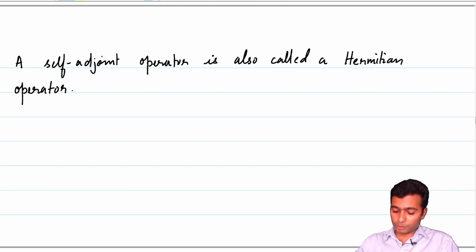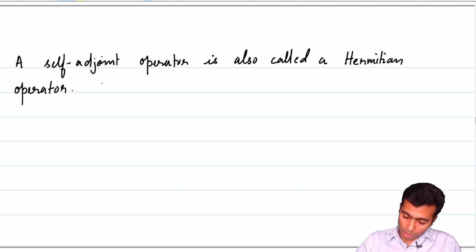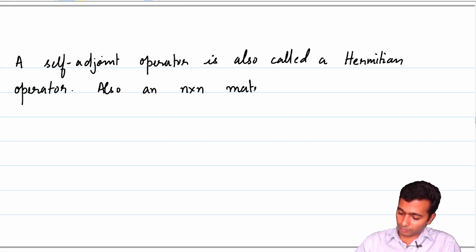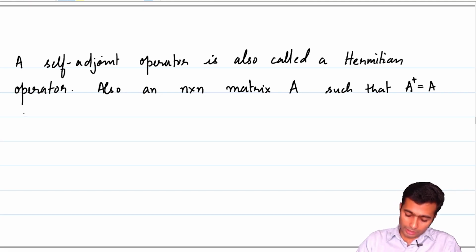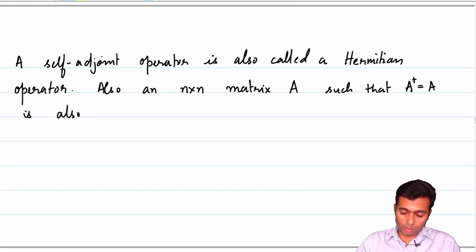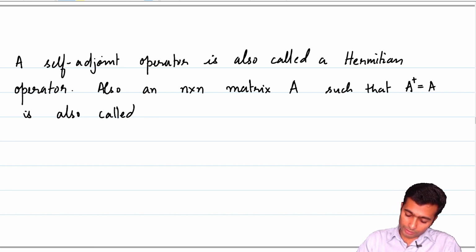A matrix which is equal to its adjoint is called a Hermitian matrix. And an n cross n matrix A such that A adjoint is equal to A is called a self-adjoint matrix. It's also called a Hermitian matrix.